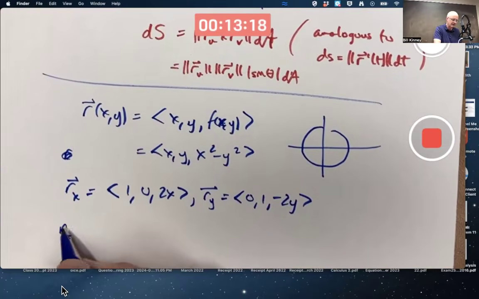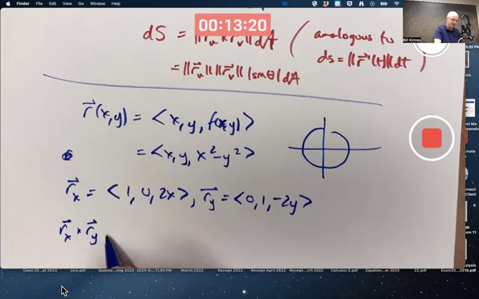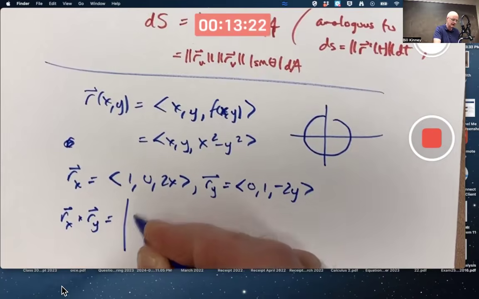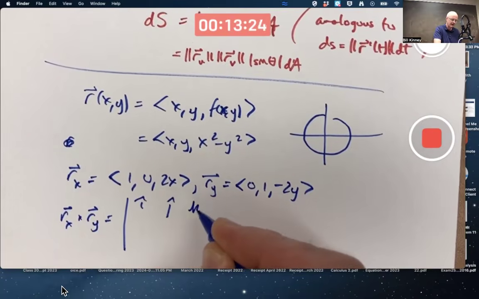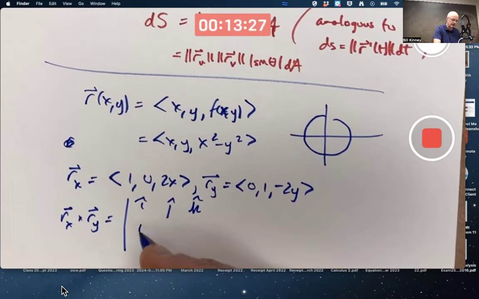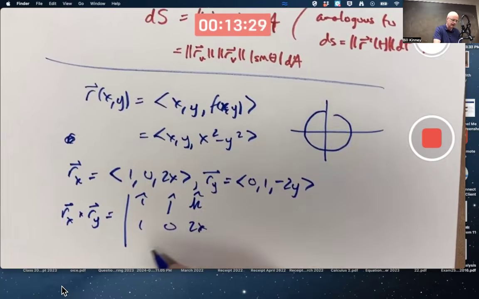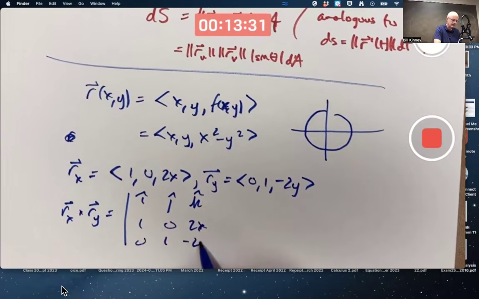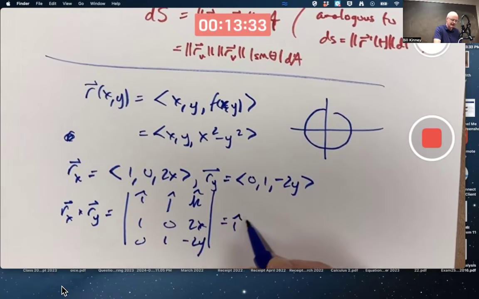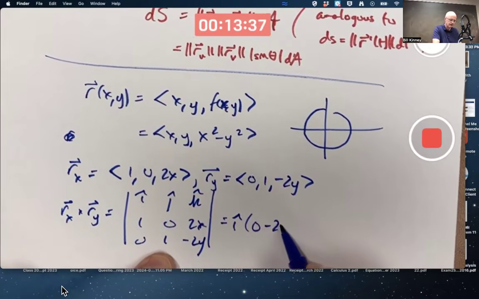Calculate the cross product of Rx and Ry, which I forget the formula offhand. I need to remember it with a determinant that I write like this. Just trying to do it as quick as I can. If you're not sure what I'm doing, just ignore it.